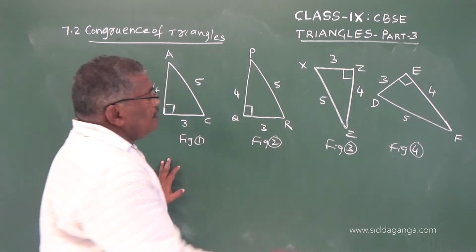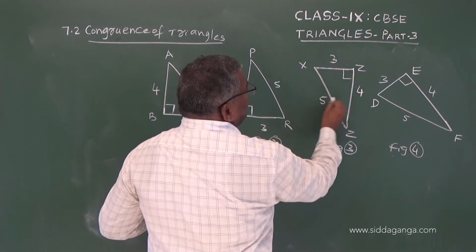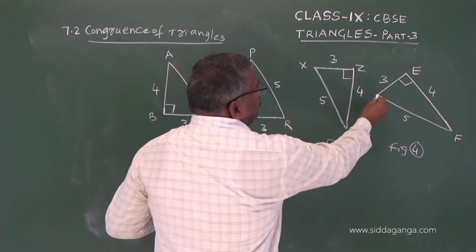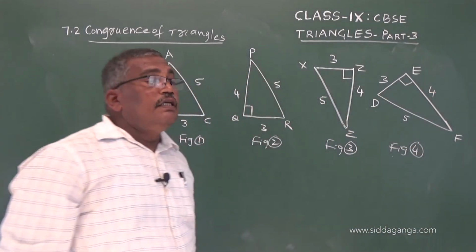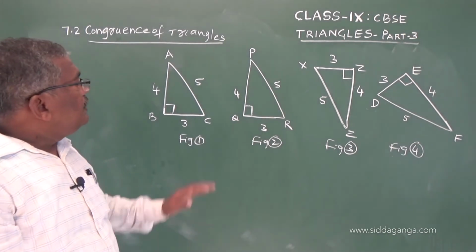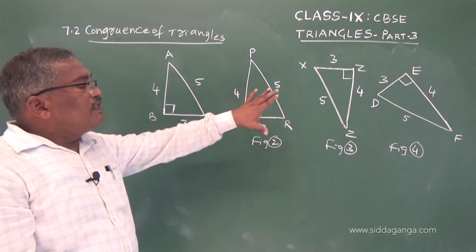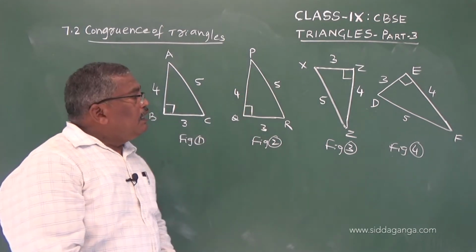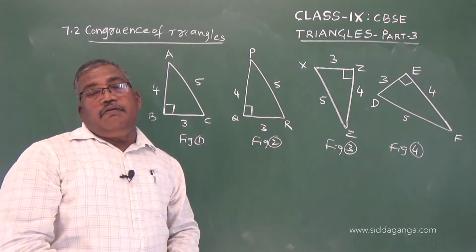In figure 3 also we have a 90 degree angle and dimensions 3, 4 and 5. So here also we have 3, 4 and 5. The thing is, in all these figures, corresponding sides are equal, and corresponding angles are also equal.